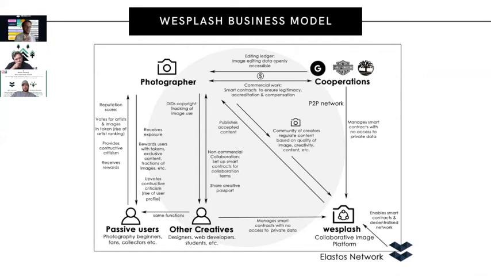There's no profit sharing in a utility ecosystem. That also means that whenever there's a corporation who wants to advertise on the platform, maybe even 100% of the advertising payments that they make can go to those photographers, or be given as an incentive to the users, the passive users or the other creatives.